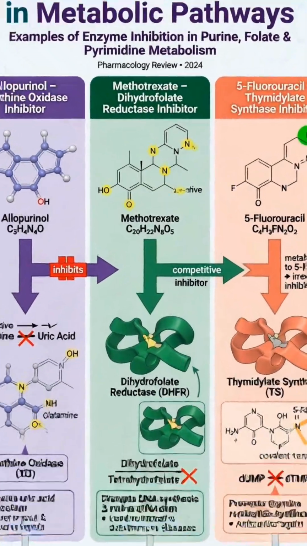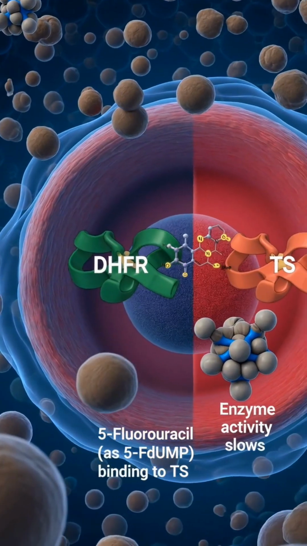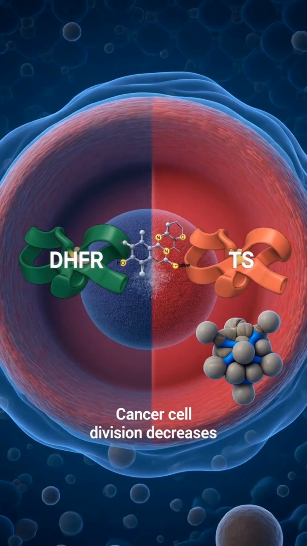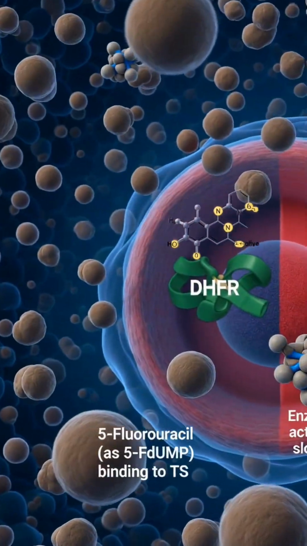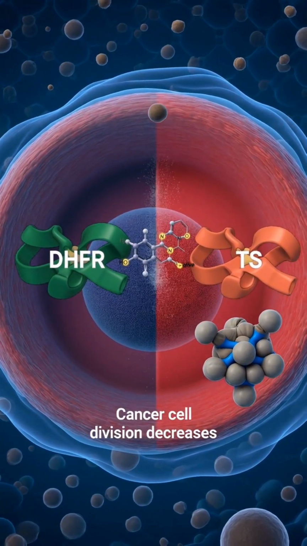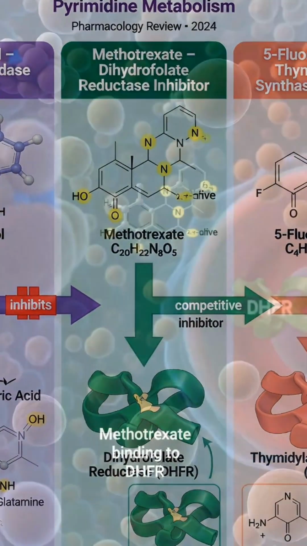And another important condition involves adenosine deaminase. This deficiency in adenosine deaminase contributes to severe combined immunodeficiency, and understanding this disorder bridges biochemistry and clinical medicine.